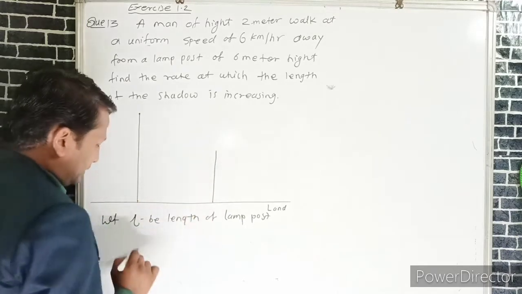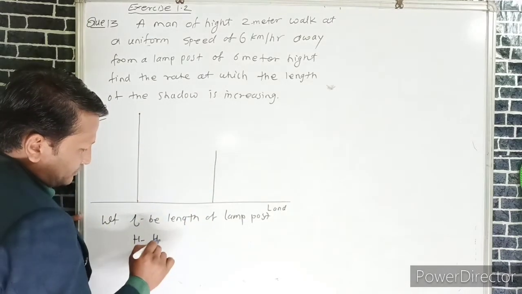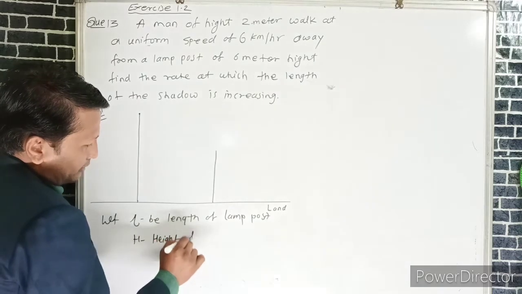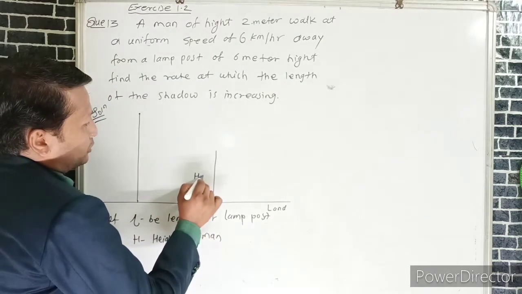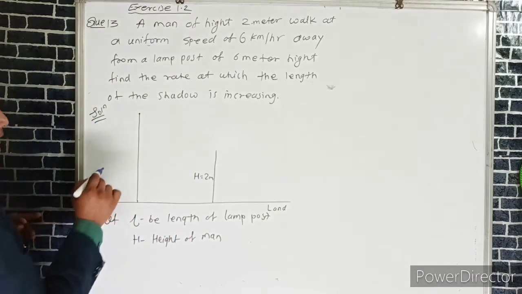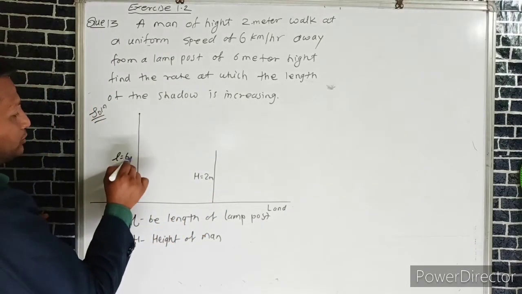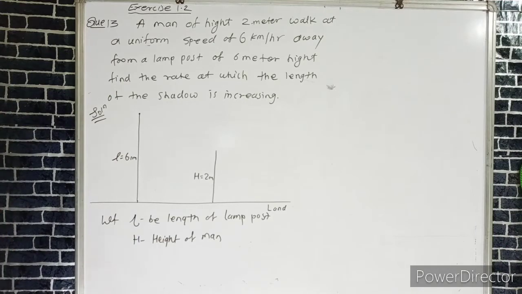Let H be the height of the man. H is equal to 2 meter. The length of the lamppost here is again 6 meter.